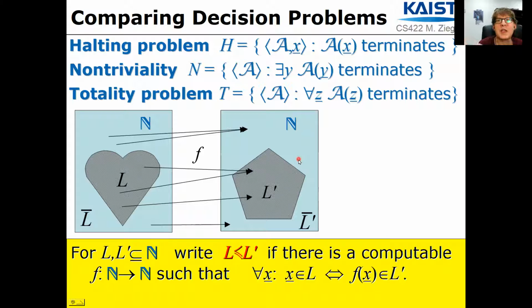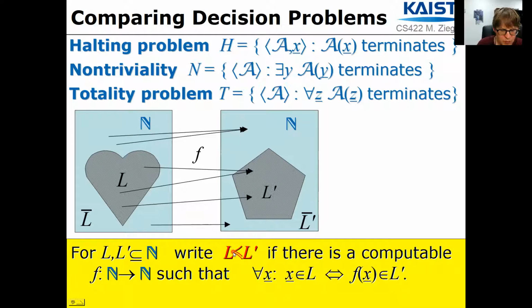So no injectivity nor surjectivity, but it must be a total function, it must be computable, and it must map elements from L to elements in L prime, and elements from L complement to elements from L prime complement. So this is our definition.